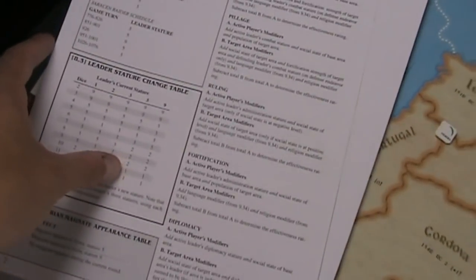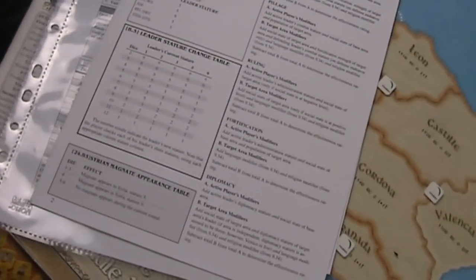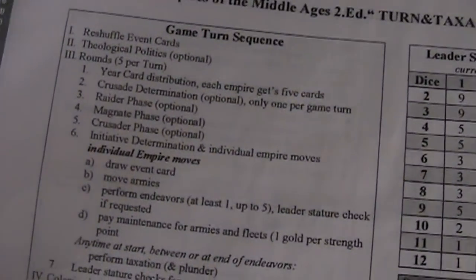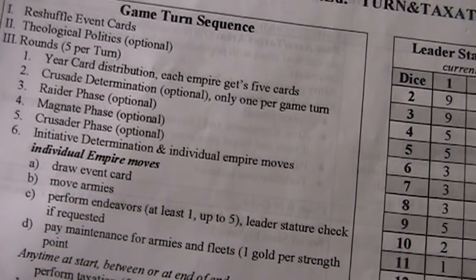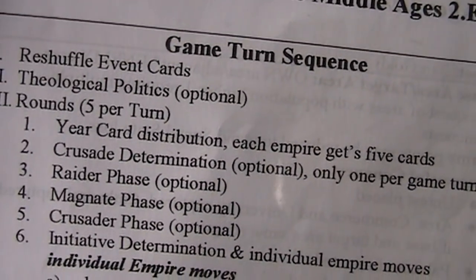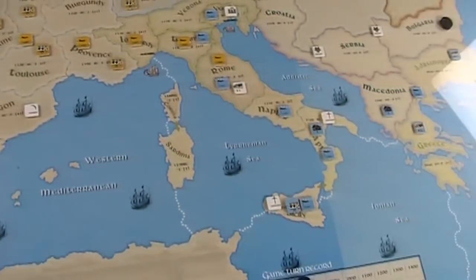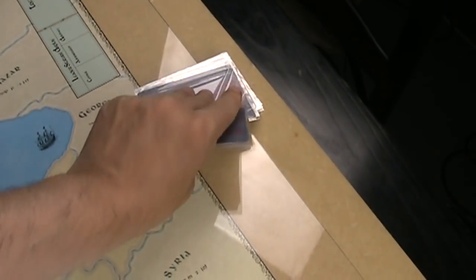Let's continue. What else happens here? Well, we have then the year cards distribution, and that means now every empire will get 5 of these year cards.